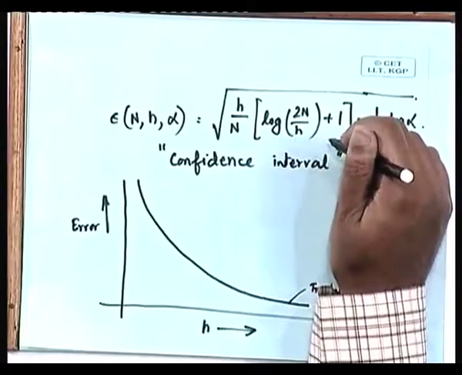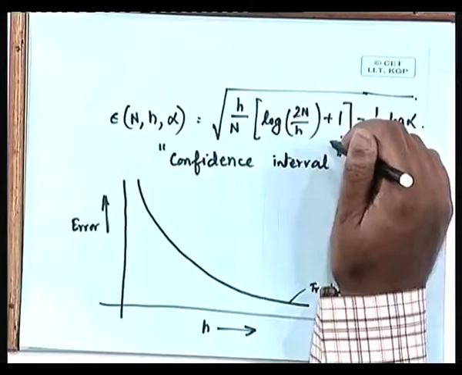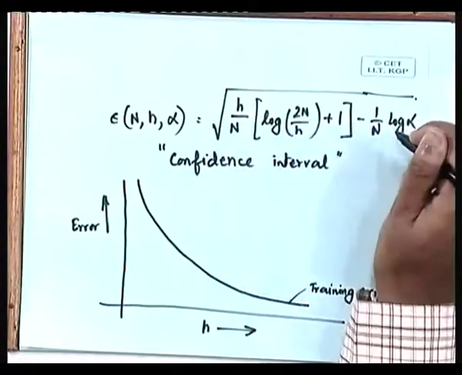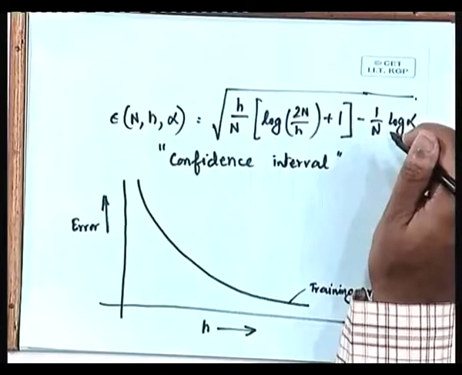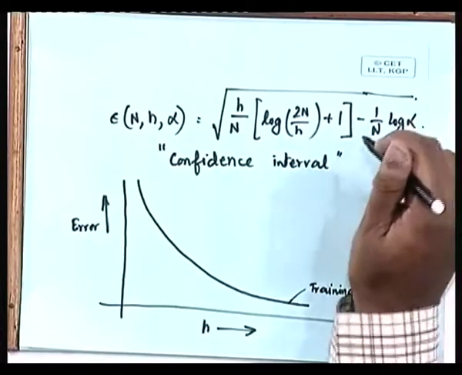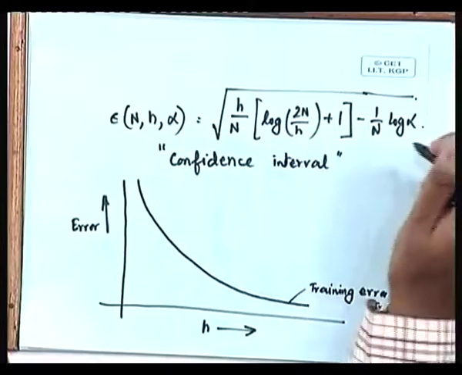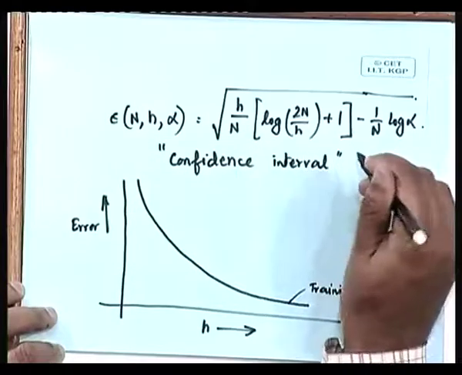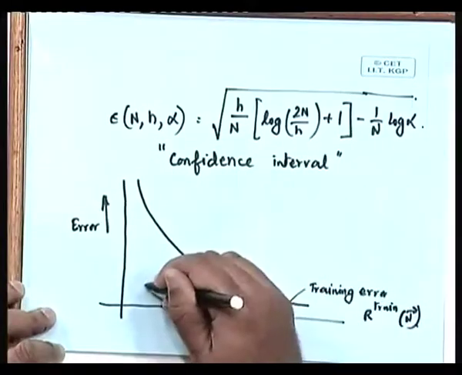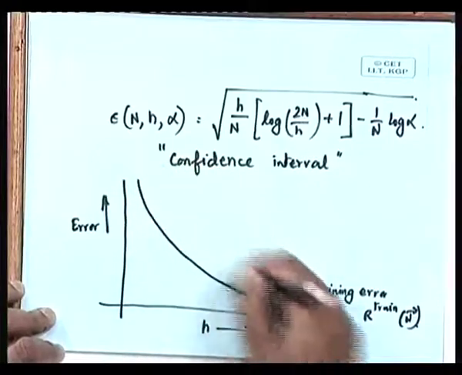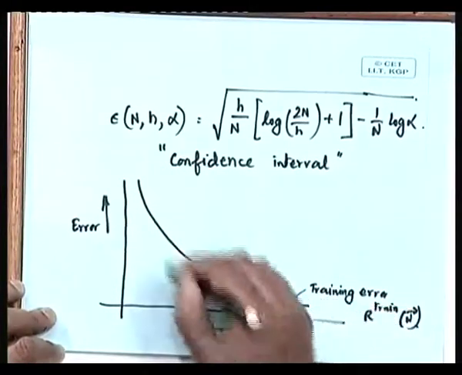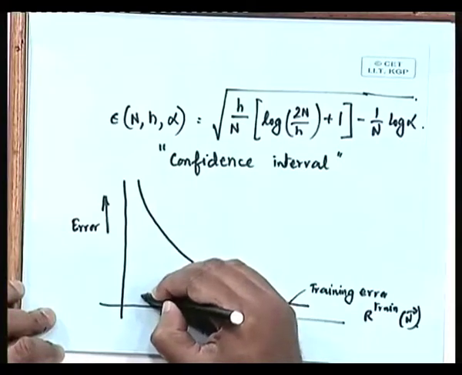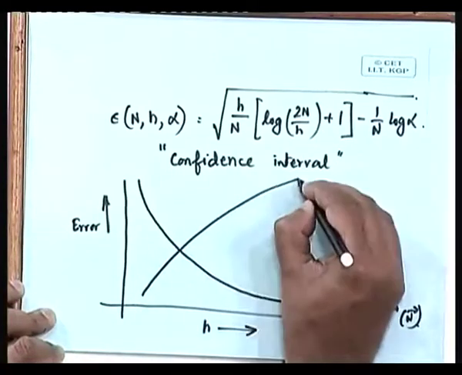So with the increase of h, this epsilon expression monotonically increases. So the epsilon characteristic with h, or rather the confidence interval, should monotonically rise. In the case of training error it was monotonically decreasing, whereas in the case of confidence interval it should be monotonically increasing, something of this nature.